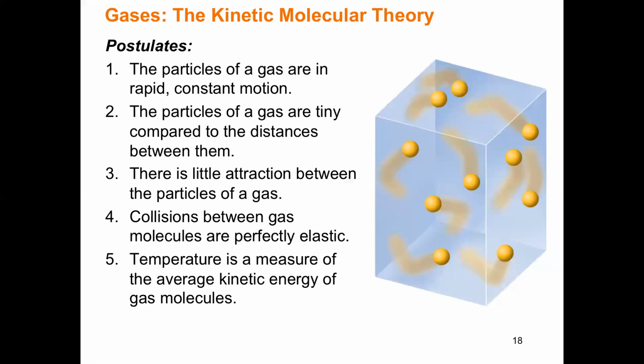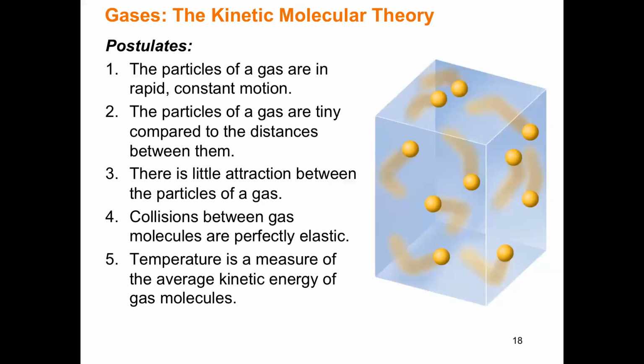All right, so the postulates here, and these should make some sense to you if you think about it. The particles of a gas are in rapid constant motion. Yes, because they're free to take whatever shape of their container they want. Now the particles of the gas are tiny compared to the distances between them, right? So if you take a gas and fill up a huge space, they'll take up whatever volume is present.